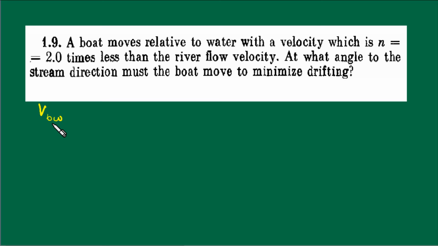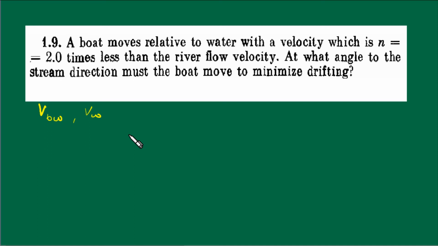The velocity with which the boat can swim is VBW, right? You all know this. Sometimes we call it the velocity of the boat in still water. Like if water is not running, it is still, then whatever velocity with which you can move on water is the velocity of the boat with respect to water. Okay, fine. And let's say the velocity of water is VW.